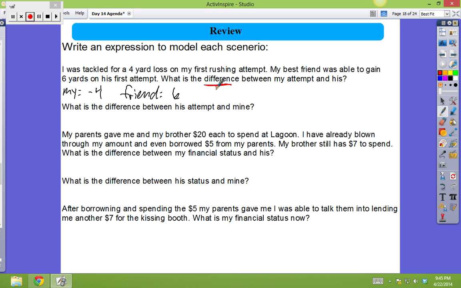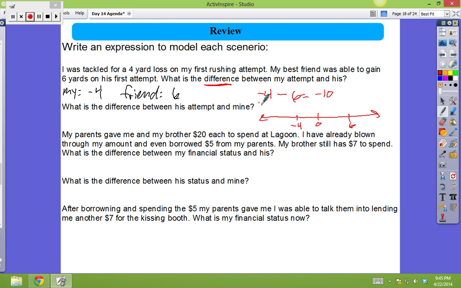So now let's set up an expression. Me first, which is a -4, operation, subtract, and then him, he was a +6. So what we've got is -4 subtract +6. That is going to be a -10 if we simplify it, and if we try and show it on the number line, we've got 0, I'm somewhere at -4, he's over here at 6.